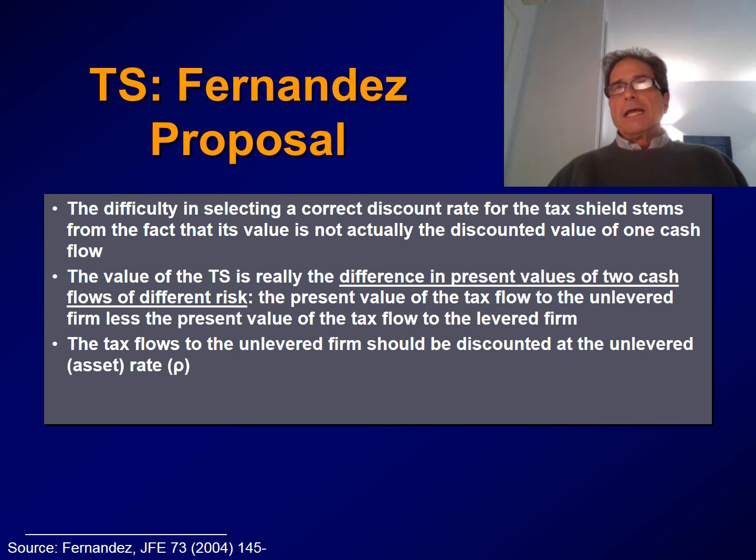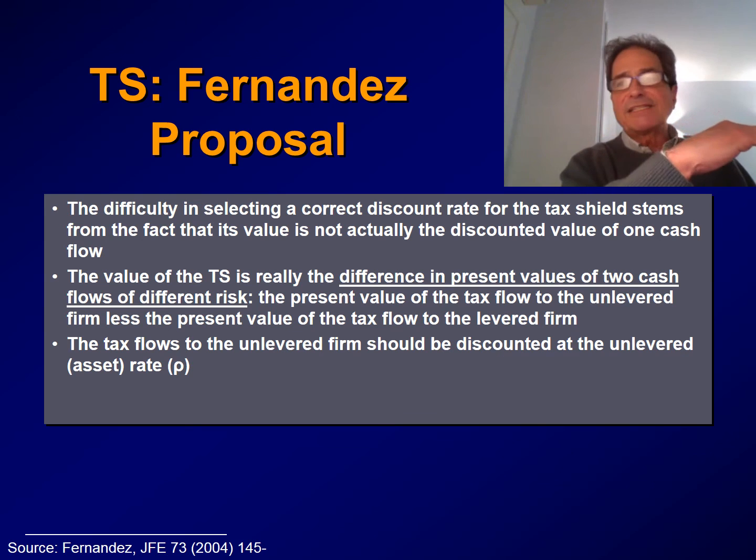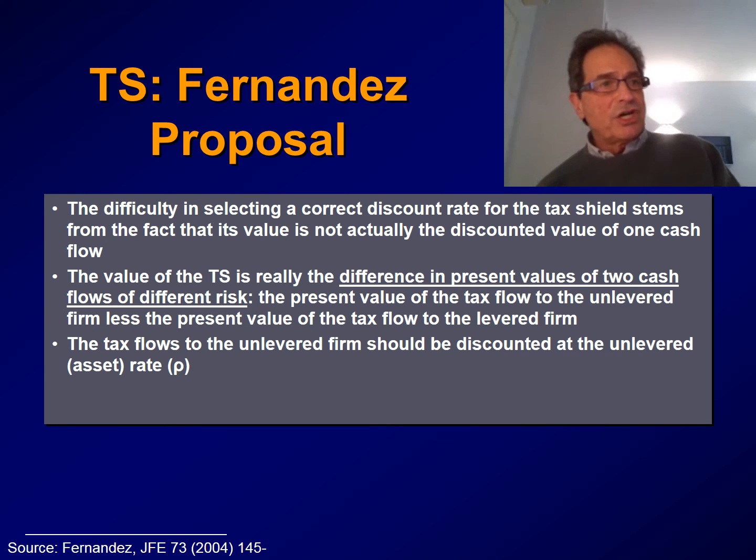Well, let's first focus on the unlevered firm. The tax for the unlevered firm is calculated on profits. Profits, in this case, come from the full assets of the company because we don't have any debt. So the profits coming from the asset side go directly to the shareholders.